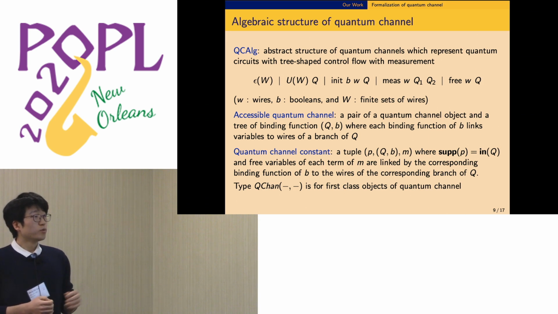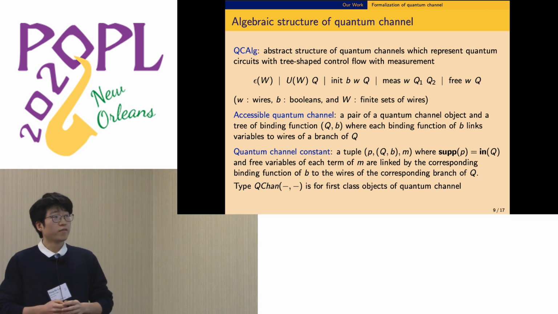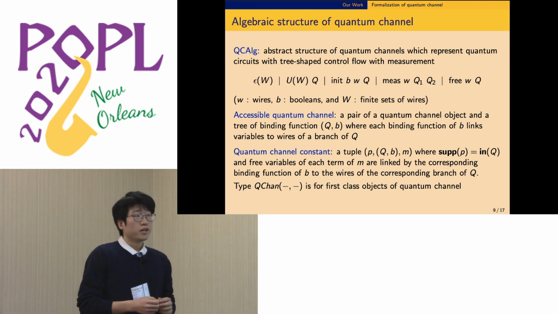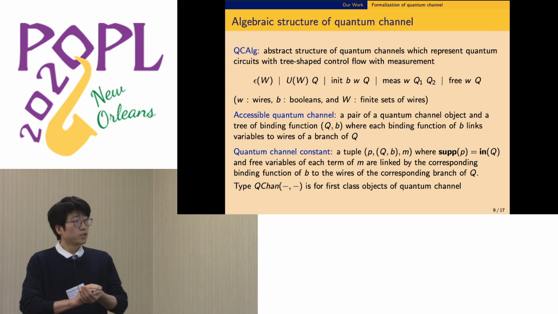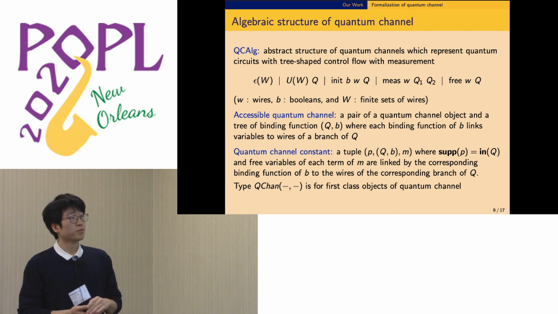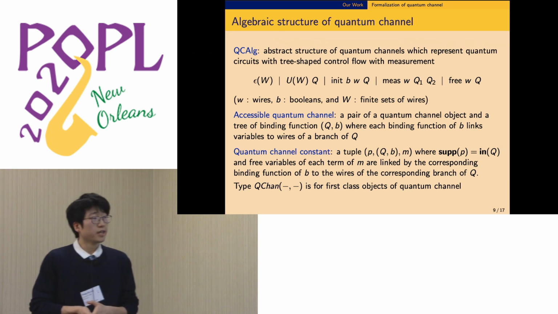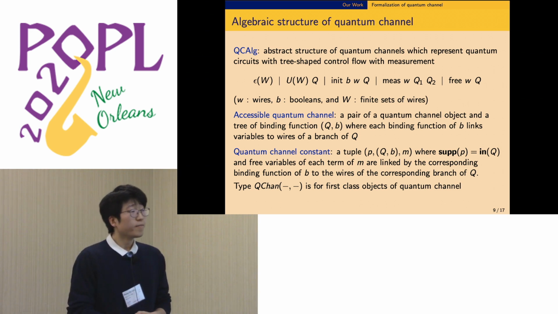And then we move on to define the accessible quantum channel, which is just a pair of a quantum channel object and a tree of a binding function. The binding function links variables to the wires of each branch of the quantum channel. And then a quantum channel constant is a tuple PQBM as shown here.